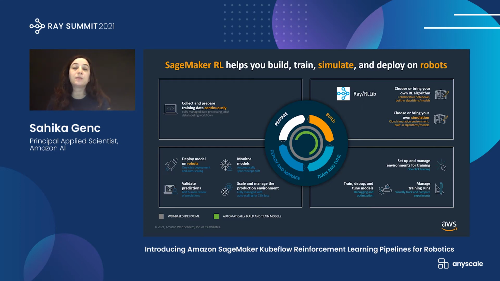I'm going to talk about it a little bit, and/or you can bring your own simulation environment to train your reinforcement learning agents. Hence, our second component was to provide a means to run your simulation environment while you're training your reinforcement learning agent.